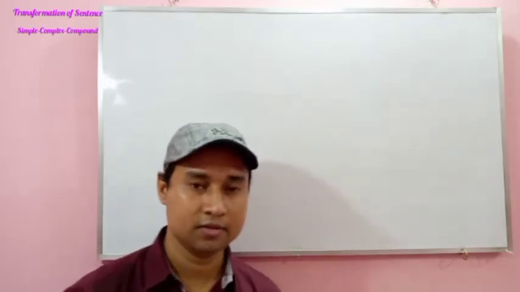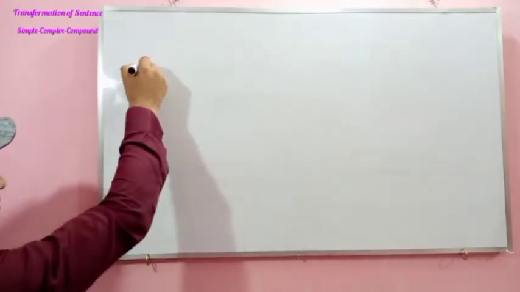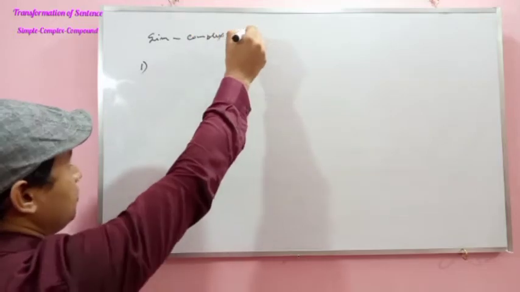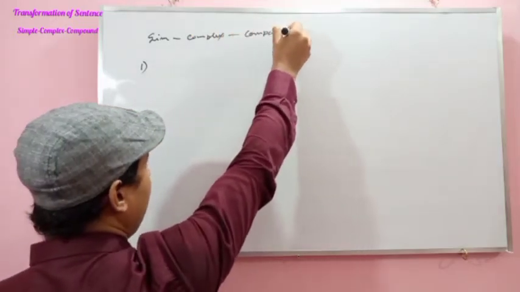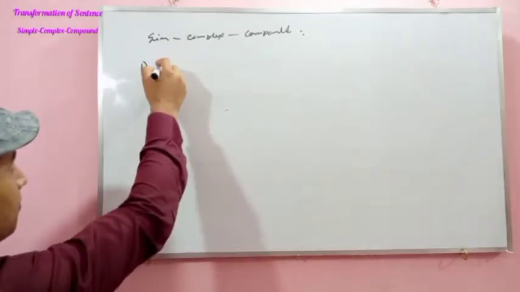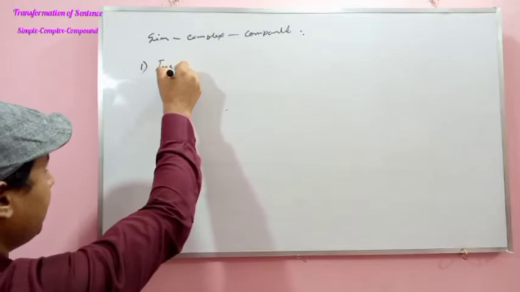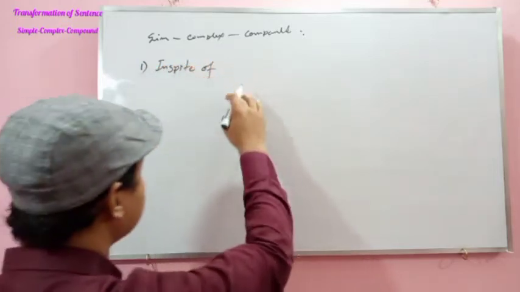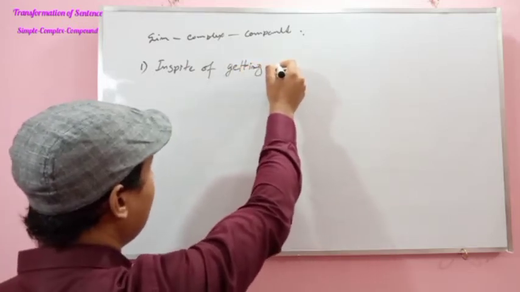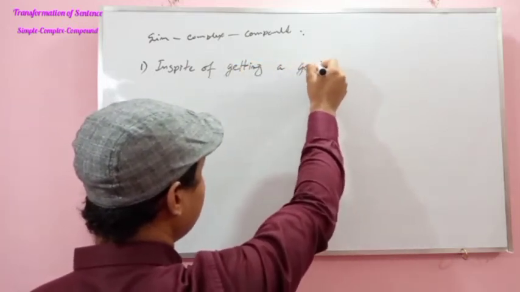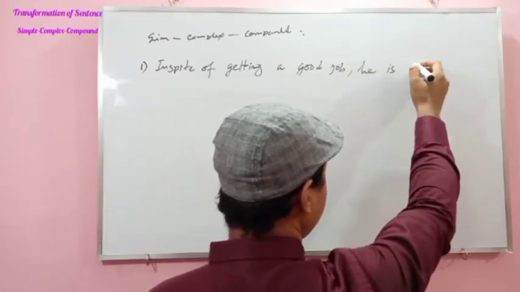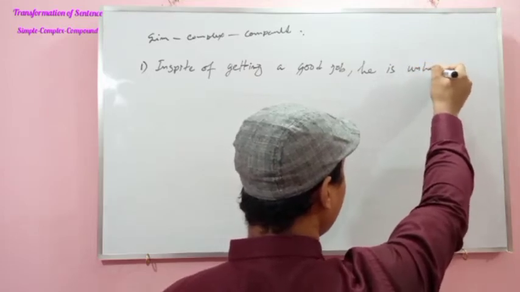Okay, let's start. First example, it is from simple to complex to compound sentence. Okay, the first example is, in spite of getting a good job, he is unhappy.